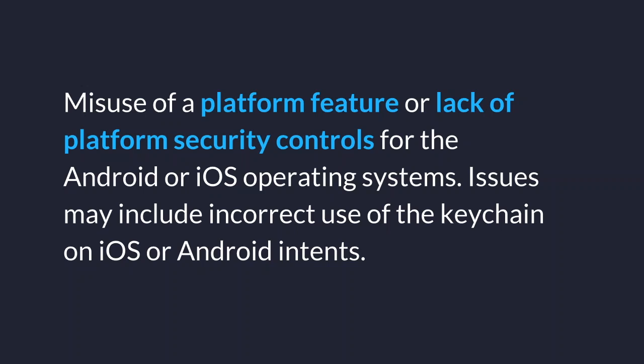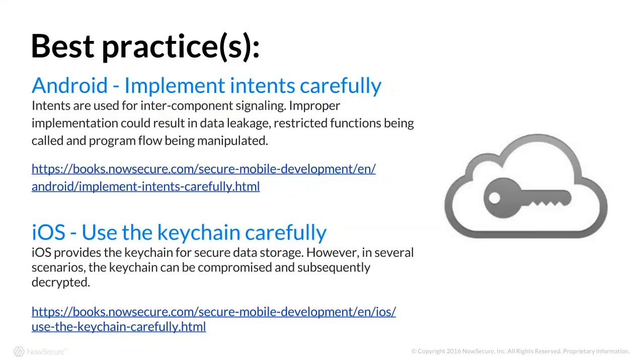So we give examples here of issues that may include incorrect use of the keychain that's specific to iOS or Android intents. But one example that I'd like to focus on that we don't have up here is data on iOS that's stored by default by the platform in the caches directory. This is an extremely common issue that we see in many apps.